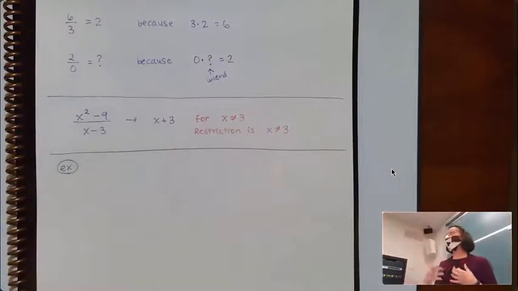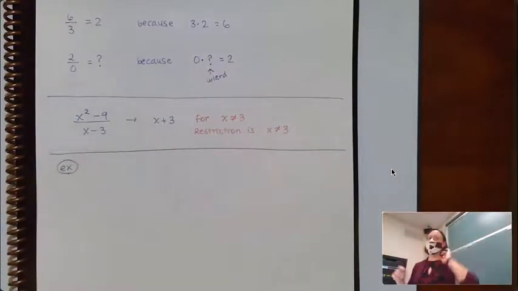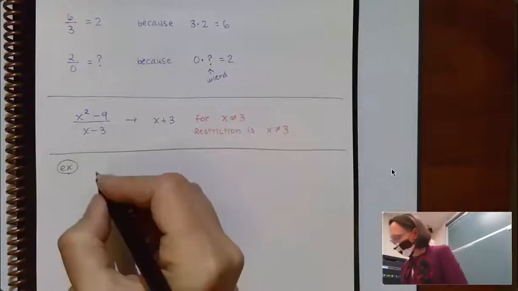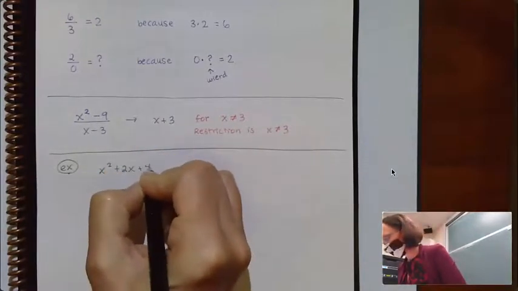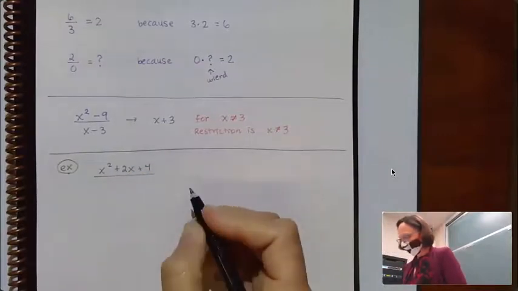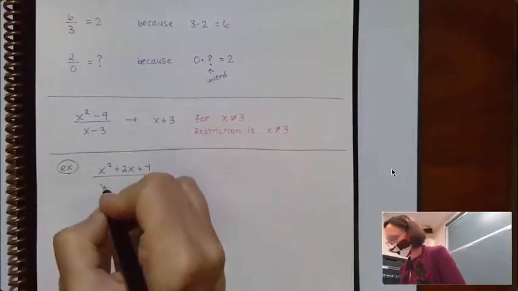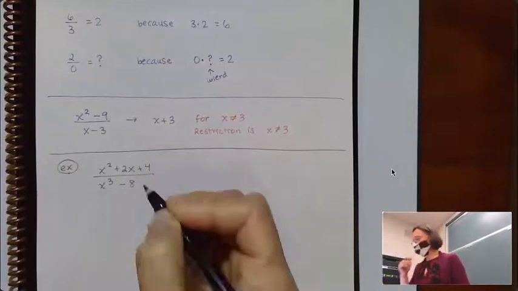And from now on, anytime we're doing a problem where we have variables in the denominator, I'm going to start the problem by finding the restriction on the variable. So let's say that I've got x squared plus 2x plus 4 over x cubed minus 8.